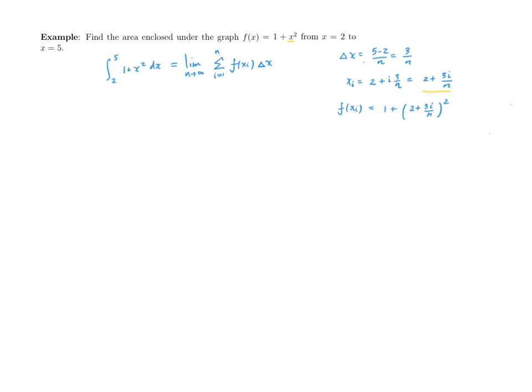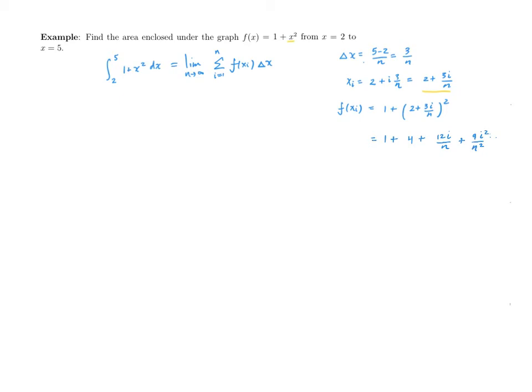But I'll leave it to you, as long as you do so using good notation and correctly. So if I expand this out, think foiling it algebraically, we would have 4 plus 2 times 2 times 3i over n, which is going to be 12i over n, plus that quantity squared, so 9i squared over n squared.